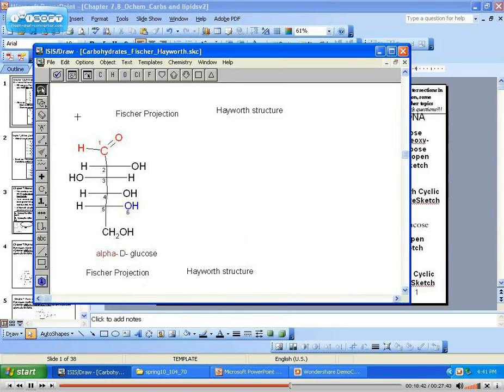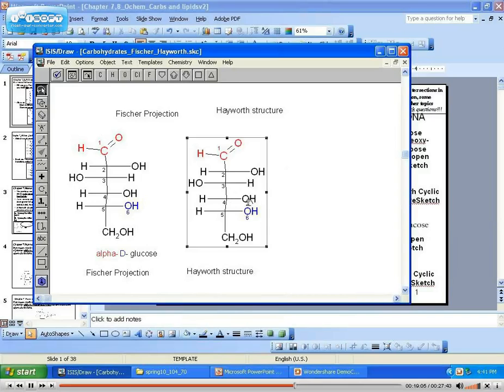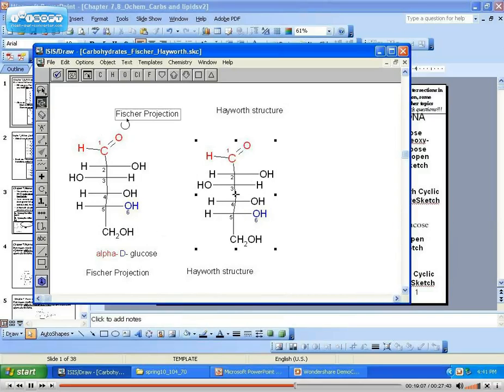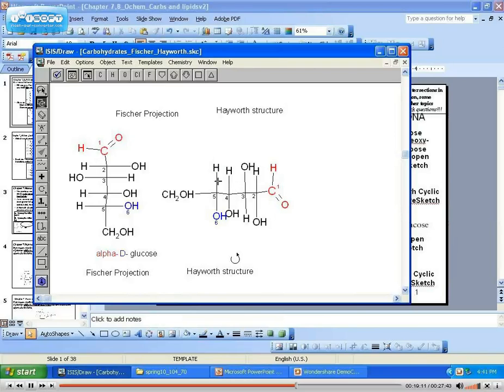So in this case, here's my alpha D-glucose. I highlighted in blue the second from the bottom carbon and alcohol. The alcohol in blue is on the right hand side, which you'll always find for D, so that's a big hint right there. Aldehyde in red. I'm going to duplicate this one and show you how I construct it.